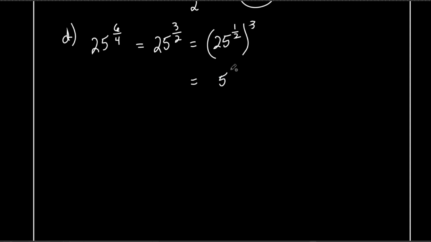And then the 5 is being taken to what? The 3rd power, right? Because everything in here is to the 3rd. Let's do that in our head. 5 times 5 is? 25 times 5 is? 125. And that's your answer. So that one was actually easier than part C, I think. Don't you? There you go.